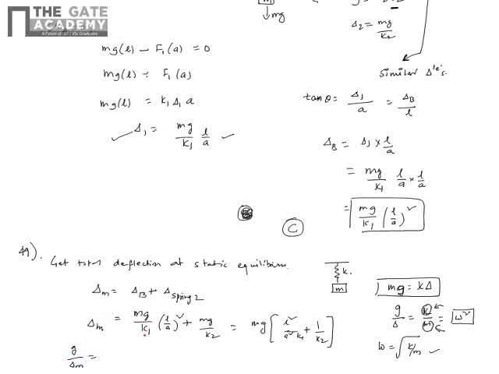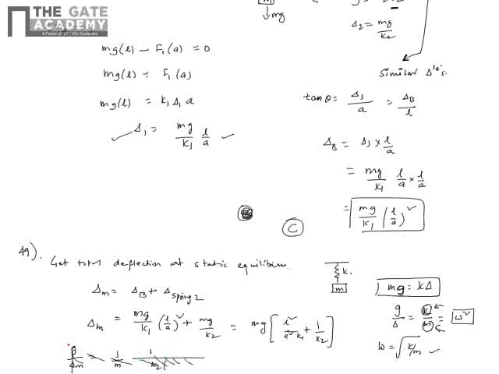So g by delta M would be 1 by this. Let me just write in another page.